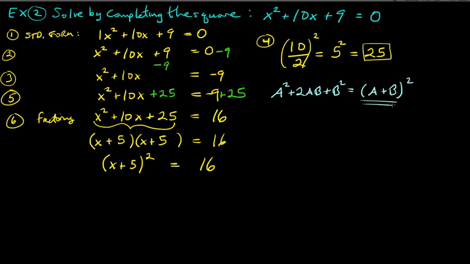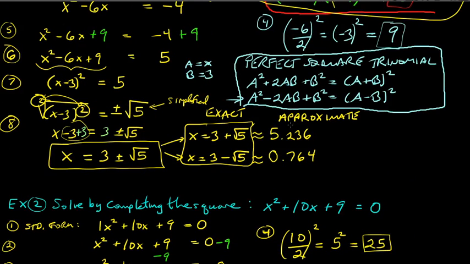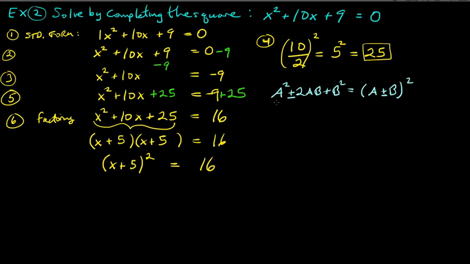That's the factored version of it. In the last problem, this was a minus, so then that became a minus. So there's your plus or minus as well. I wrote it both ways last time, but if you're clever, you can write it all at once using a plus or minus symbol.